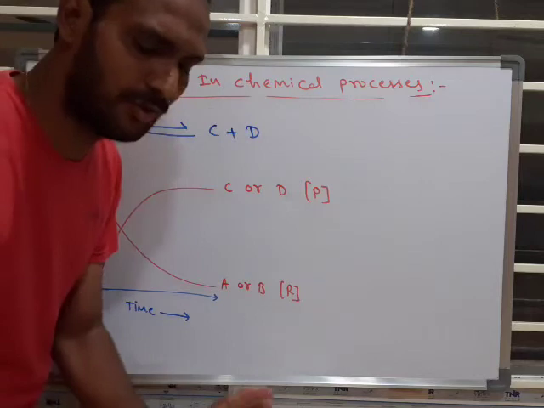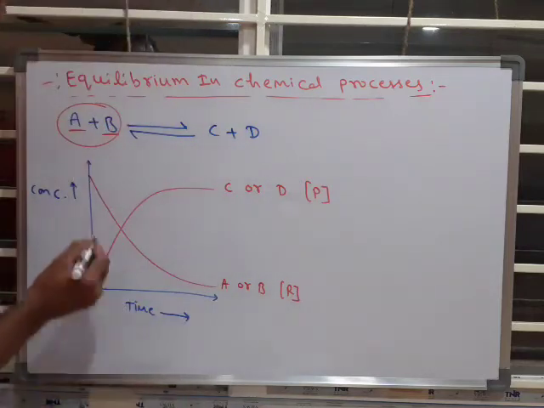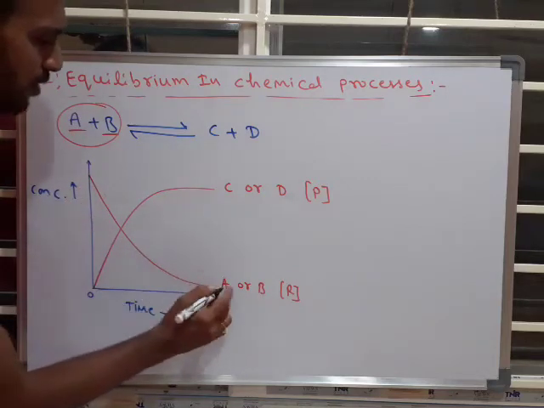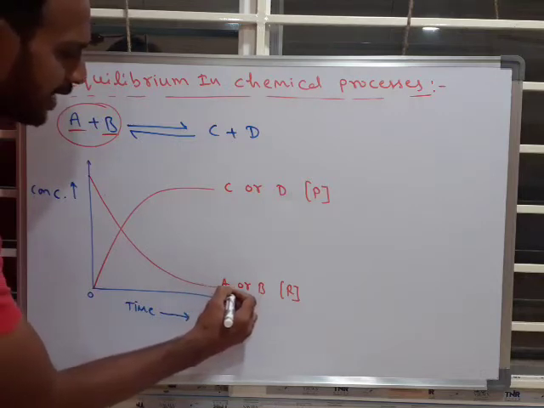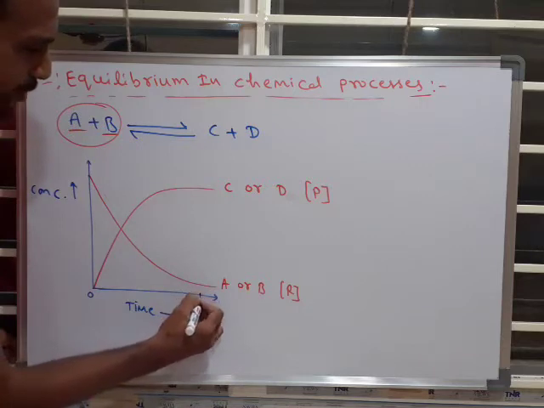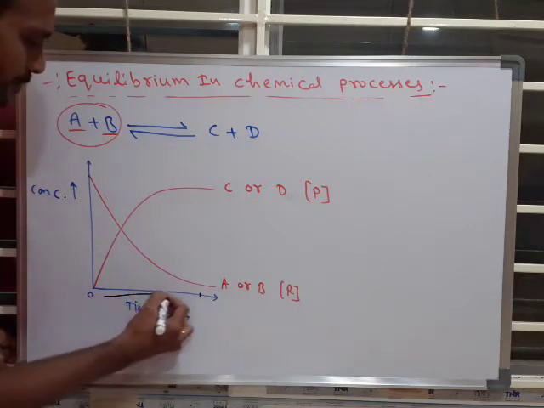So here one more important point you have to identify: the reactant concentration decreases, and after a certain level, from this point a parallel line starts.